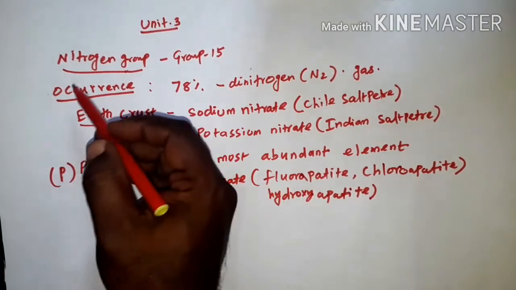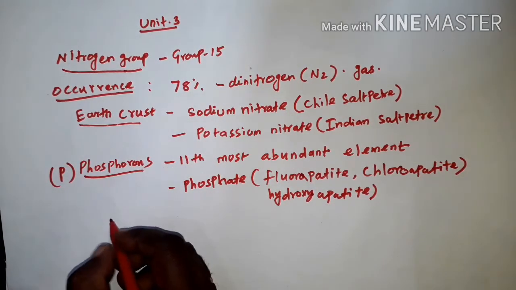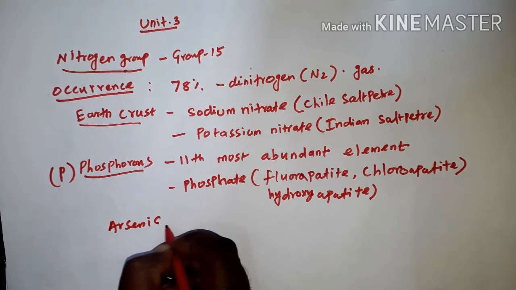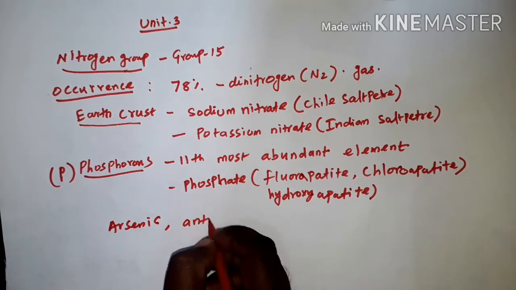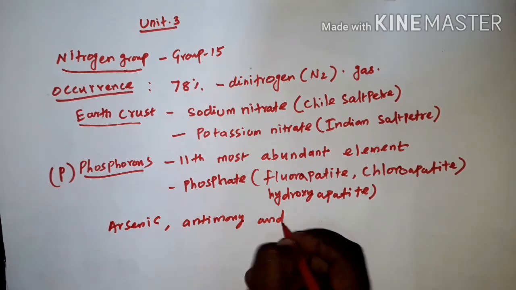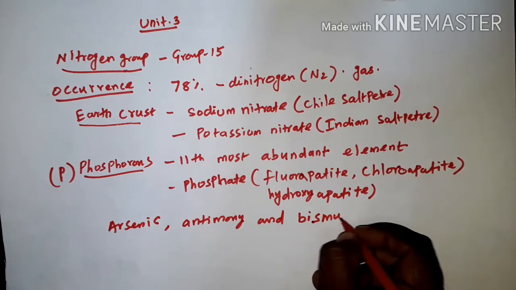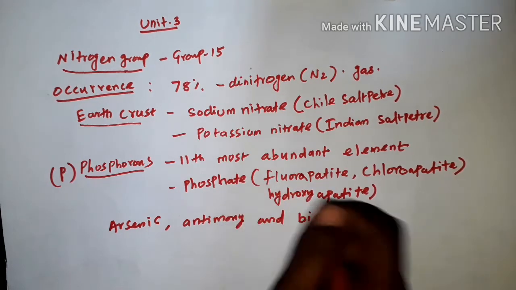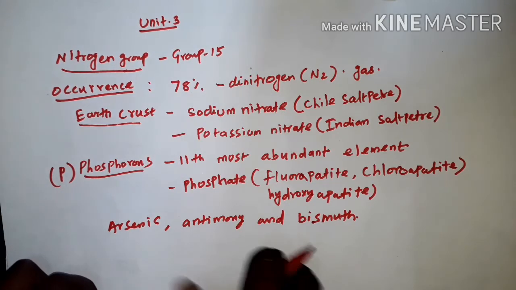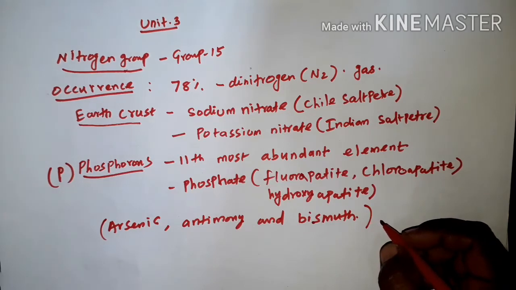So the first one is nitrogen, the second one is phosphorus. The remaining elements are arsenic, antimony and bismuth. These are the group 15 elements, and these are available in the earth as sulfides.